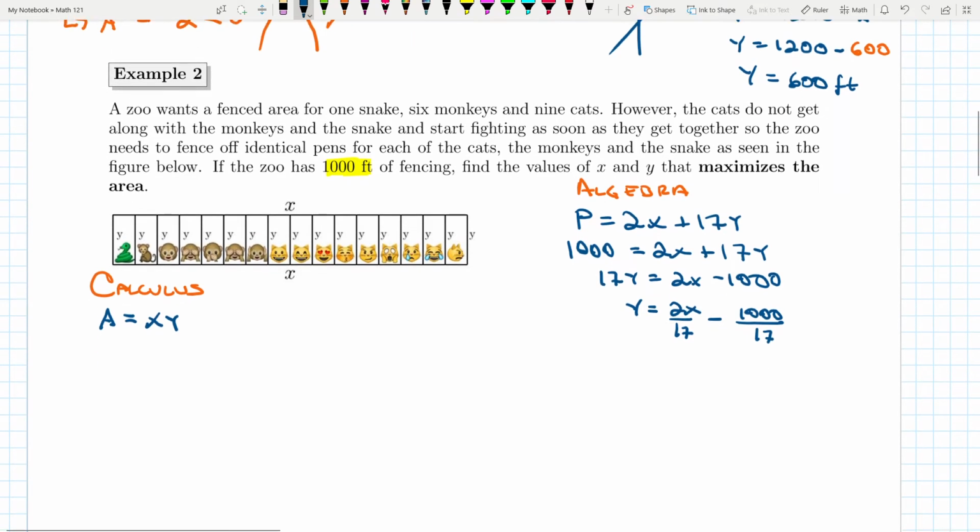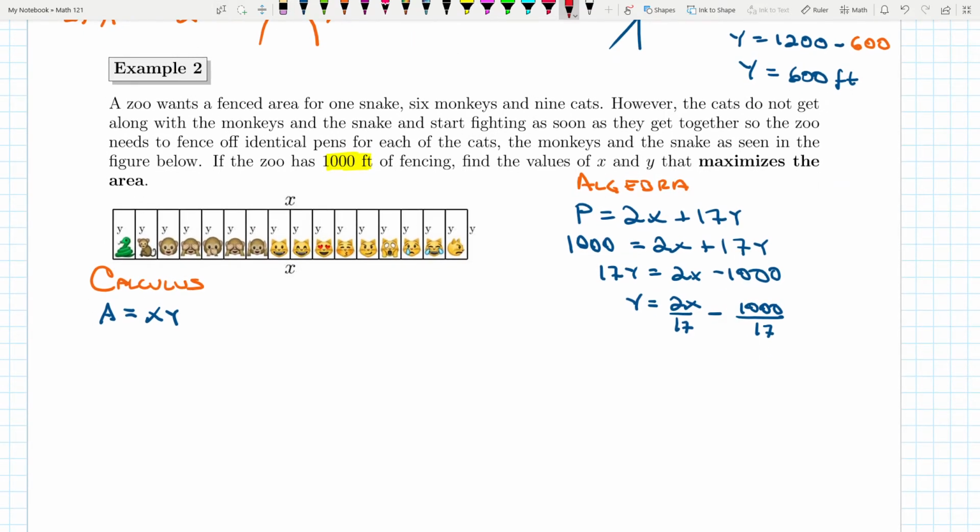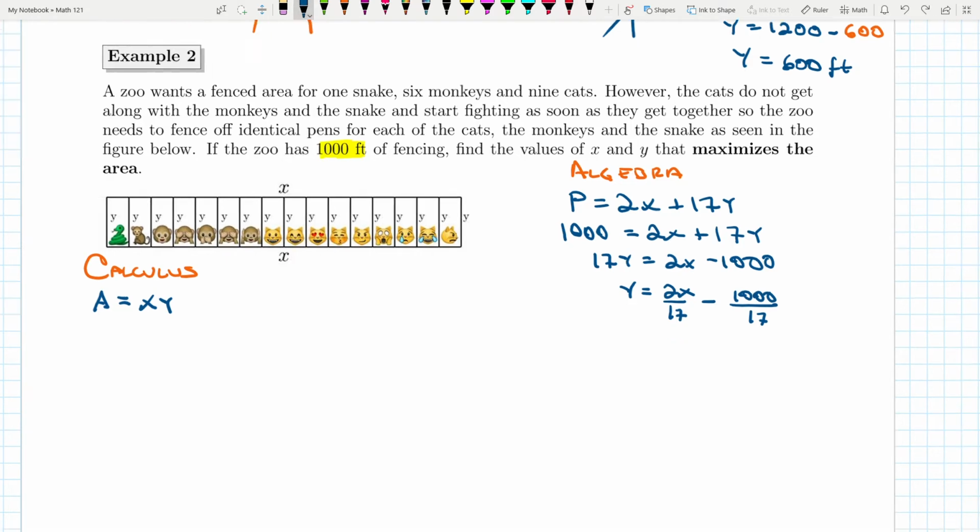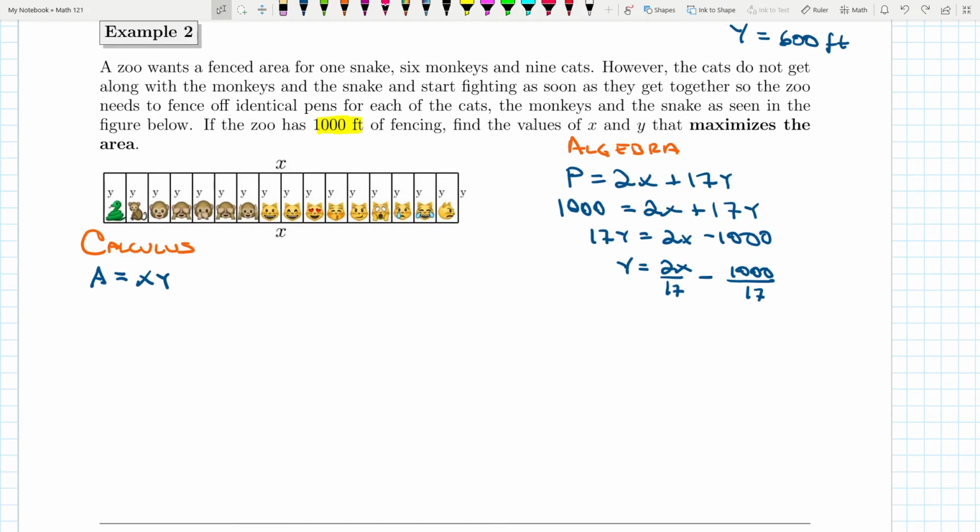And what are we going to do? We will substitute this y right here. All right. So that's what we do. Well, actually, no, that's actually the other way around. Never mind.